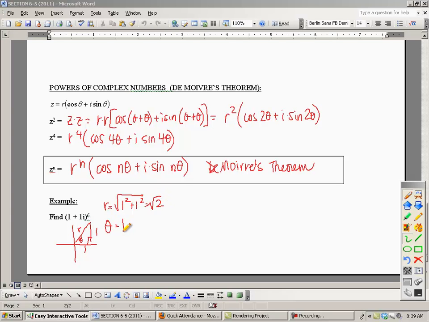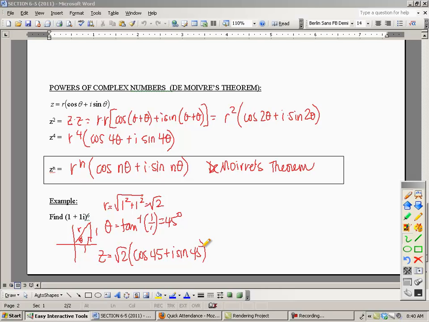And to find my theta, I take the inverse tangent of 1 over 1, which we know, if the sides are the same, then the angle has to be 45 degrees. Okay, so in trig form, we have the square root of 2 times the cosine of 45 plus i times the sine of 45.